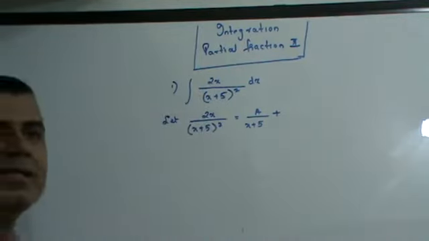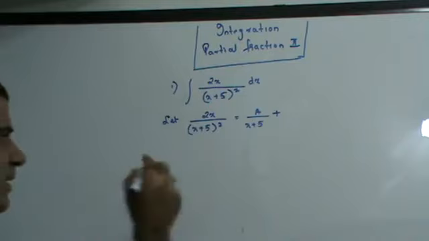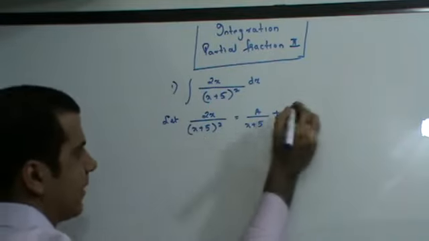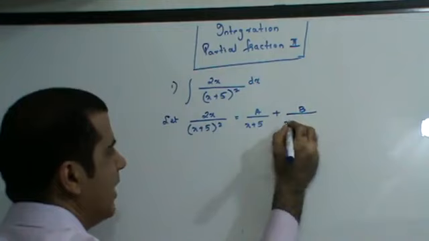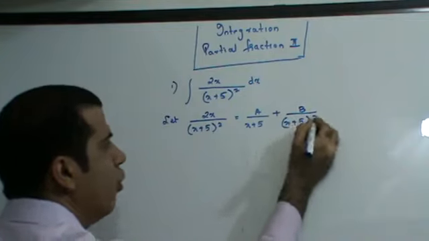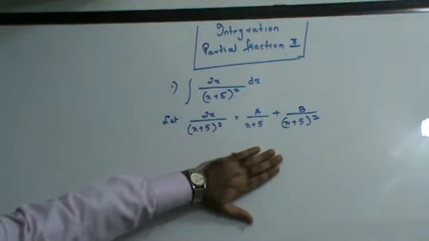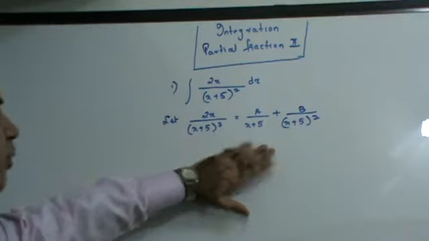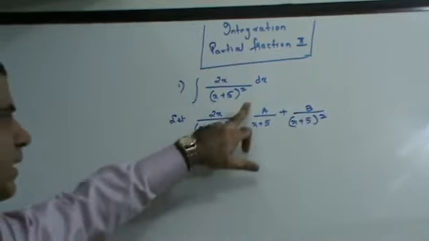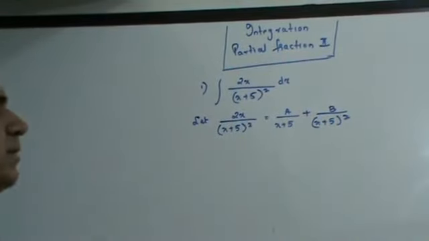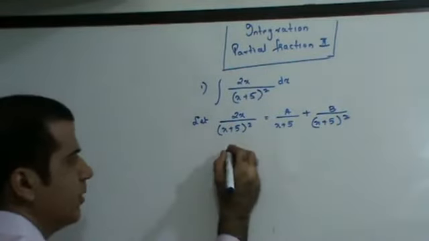That means x plus 5 has been repeated twice. It's a repeated factor, so B upon (x plus 5) the whole square. People, please observe this step very carefully. It's a very important step. So it will be A upon x plus 5 plus B upon (x plus 5) the whole square.